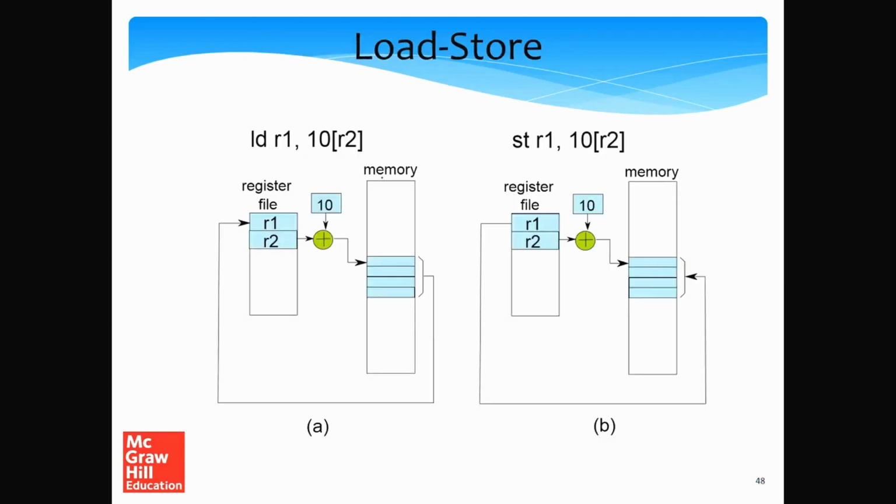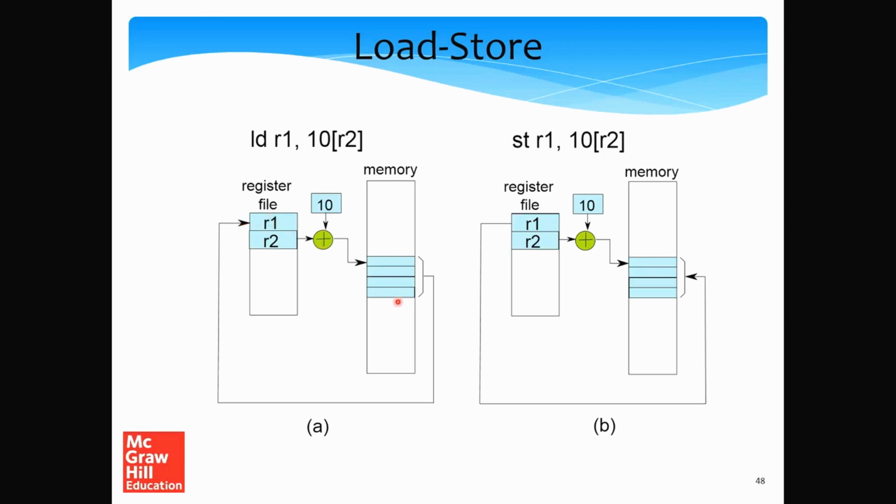So let's show this graphically. In the case of load, we take the value of R2 from the register file, we add 10, we get the address. This address is used to access memory. In a 32-bit system, we read 4 bytes from memory, which is the data. The data comes back and it is fed into the register R1.